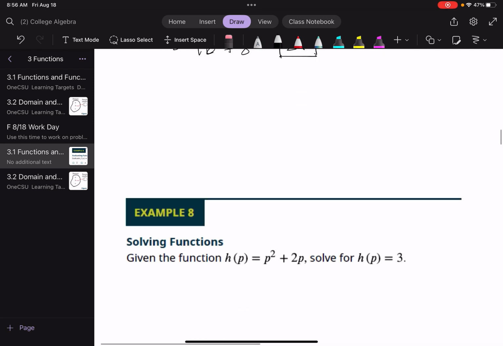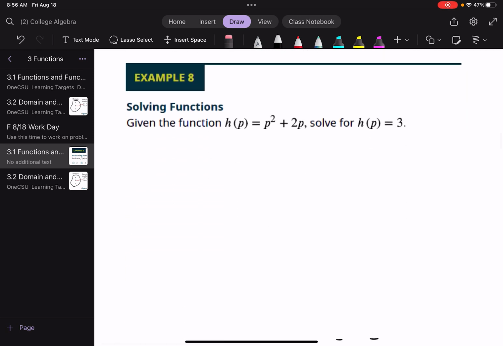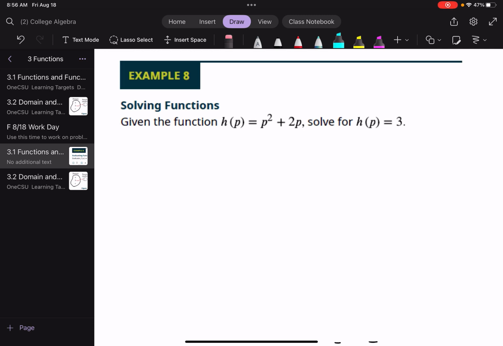Okay. Example 8 says, given the function h in terms of p, solve for h of p equals 3. Let's check this out. It says that this h of p, the output of the function, it's no longer giving me the input, it's giving me the output, which is that guy right there. No, sorry. Let me back up.